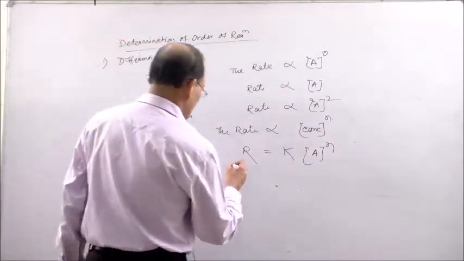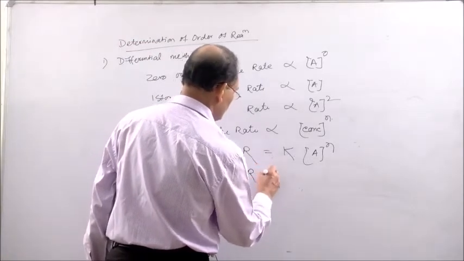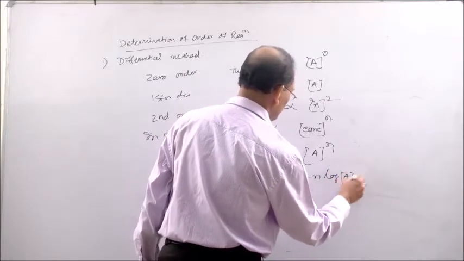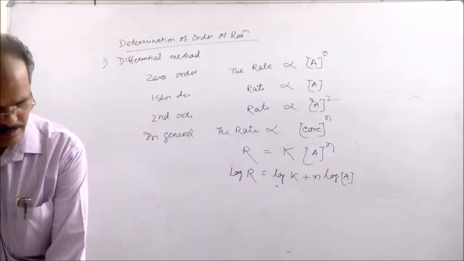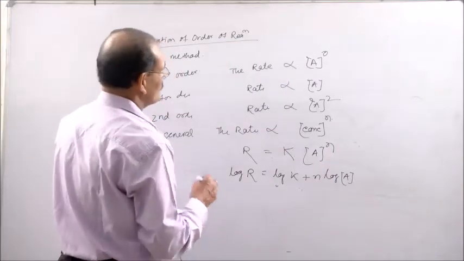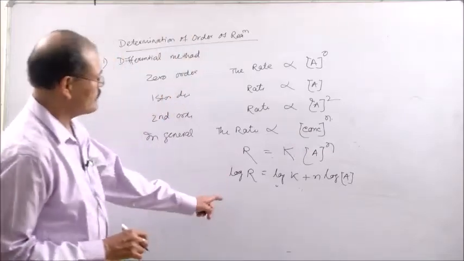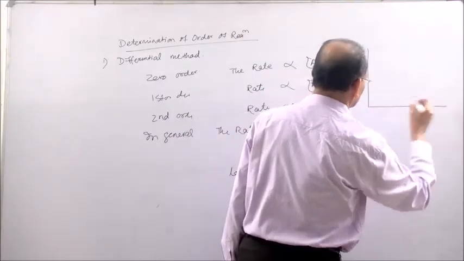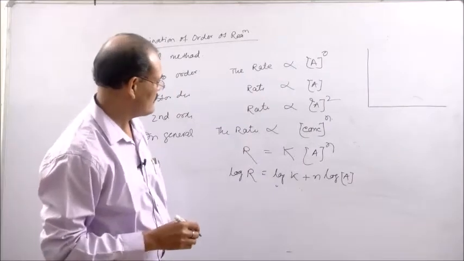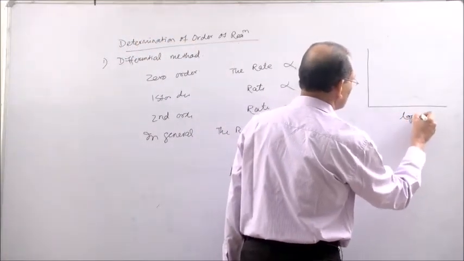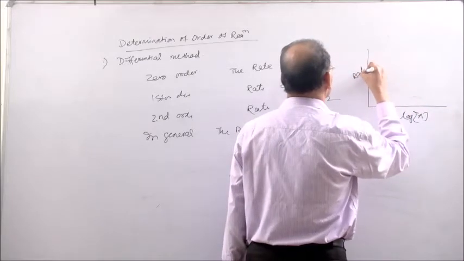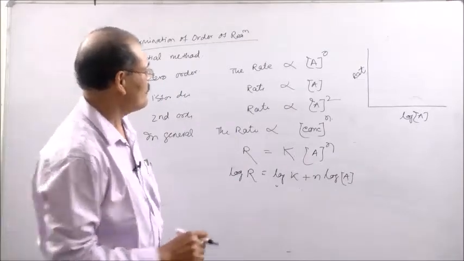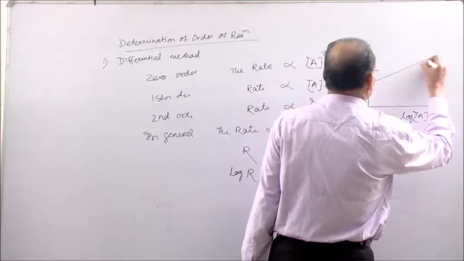So taking log of both sides, and considering this, if we plot log rate versus log concentration, log A, it gives a linear equation, a straight line like this.